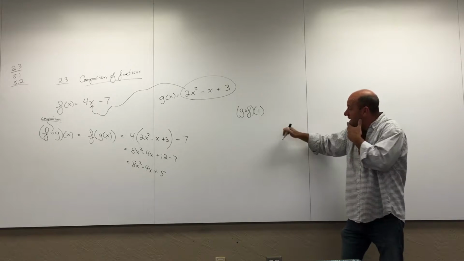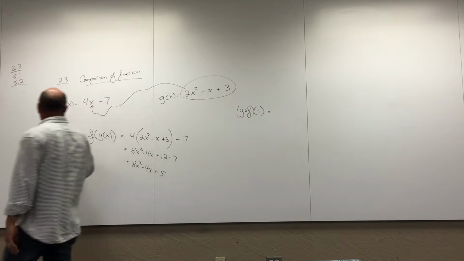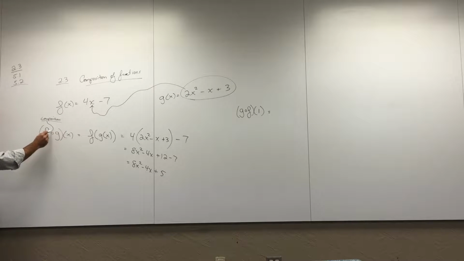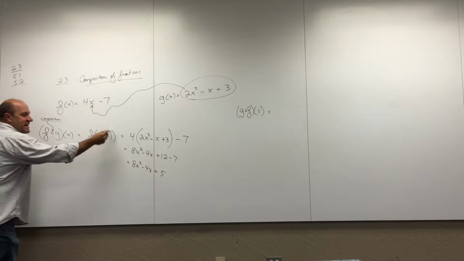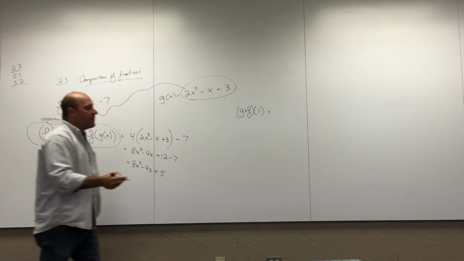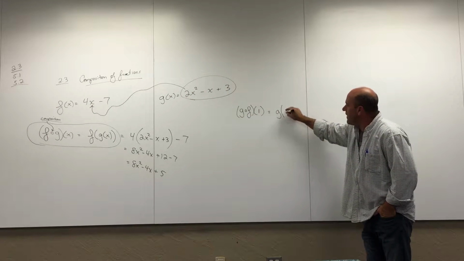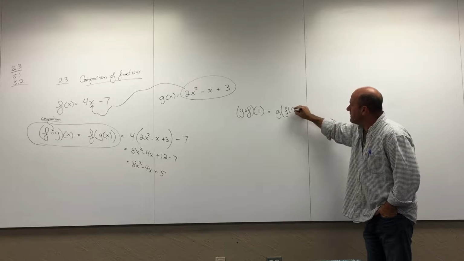But what am I doing? Hang on, let me show you the other way to write it. I wrote it two ways over here. I wrote the composition with the little circle notation. But then what is that? It means this. So in other words, this means g of f of 1.